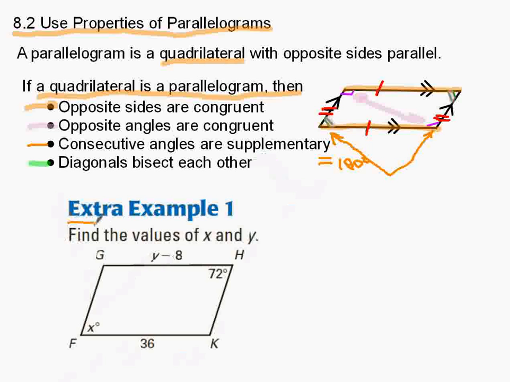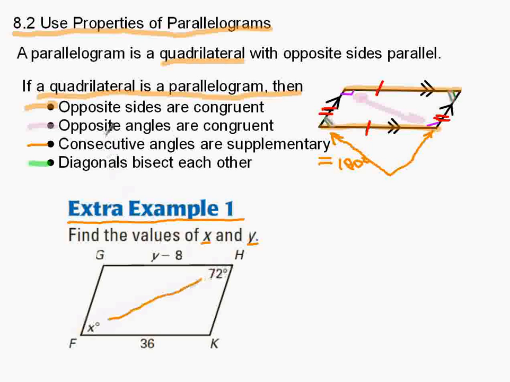So in this example down here, example 1, they're asking us to find the values of x and y. So let's go ahead and tackle x first. We have x degrees, and all the way across, they've shown us that angle H is 72 degrees.